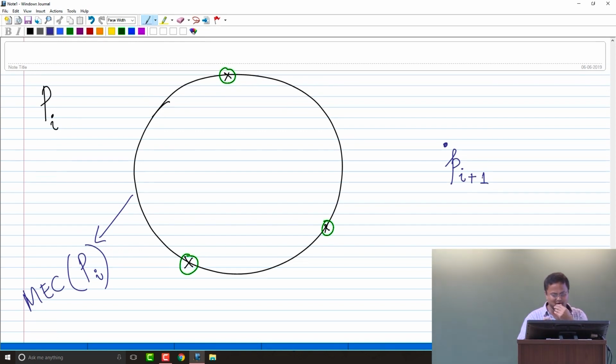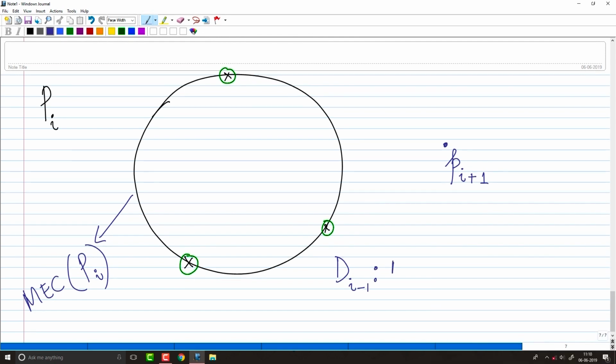Okay. So, I use another notation. di minus 1 is the minimum enclosing circle for Pi minus 1, and di is the minimum enclosing circle for Pi. Because I have used this notation, let me make this i minus 1, and let me make this Pi.